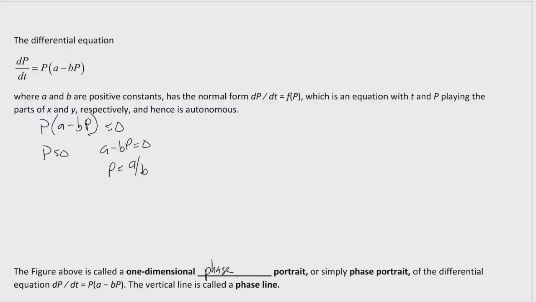In college algebra, when I taught that to my students, we'd talk about a horizontal line. This time we're going to do a vertical one, but it's the same sort of setup where we're labeling where we'd expect to find these critical points. Which is the smaller value? Since we assumed a and b were positive, a over b has got to be up here, and 0 has got to be smaller than it.